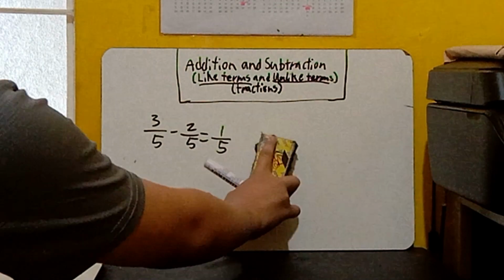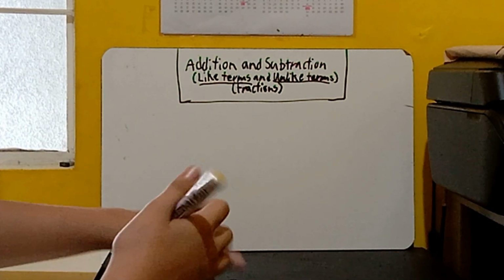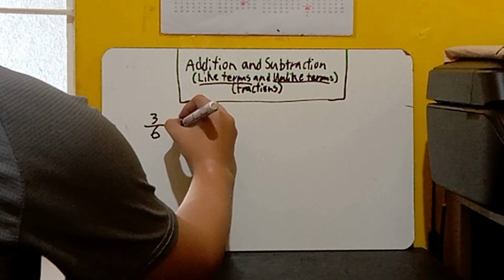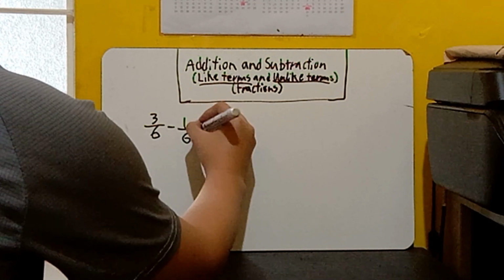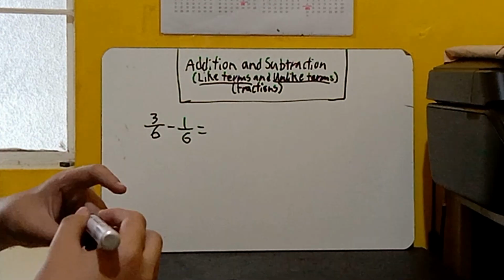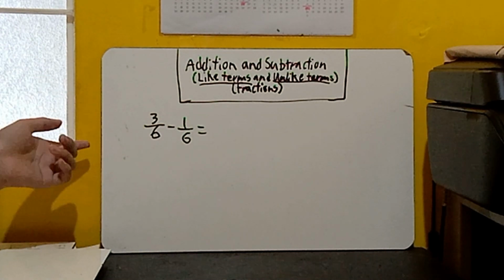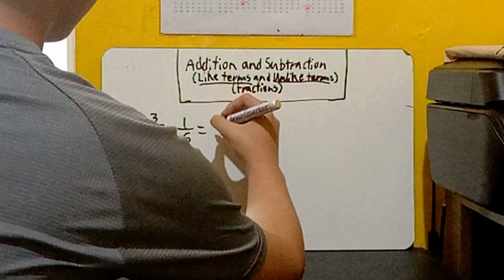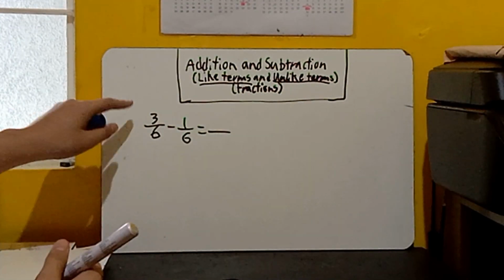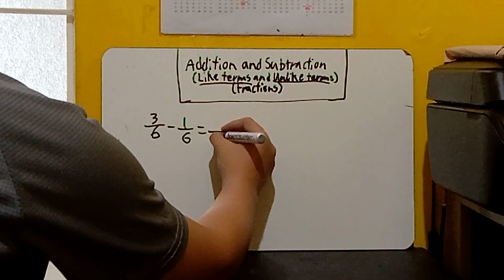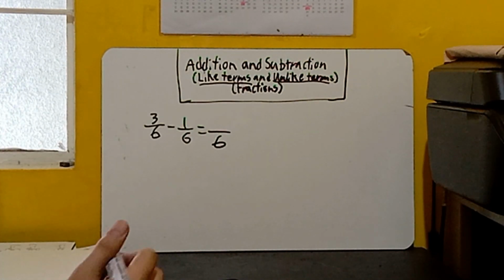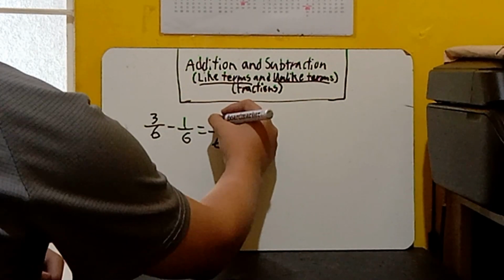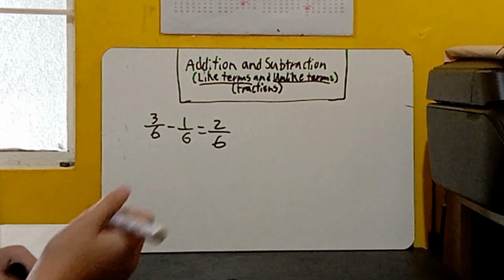See, it's easy. Now let me give you another problem: 3/6 minus 1/6. This is a like term, so it's easy. You may pause the video if you want to answer it. Okay, let's answer it. We copy the denominator and subtract the numerator. 3 minus 1 is 2.